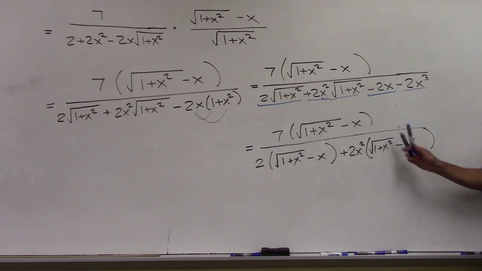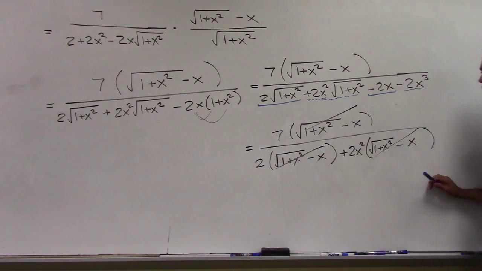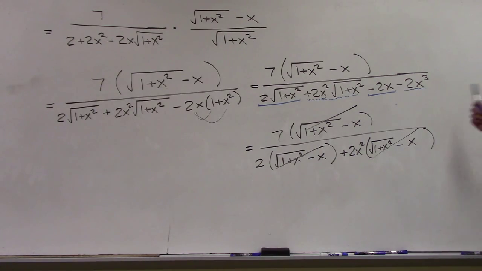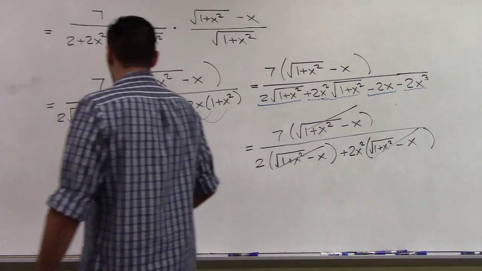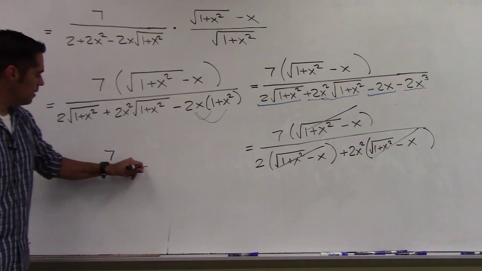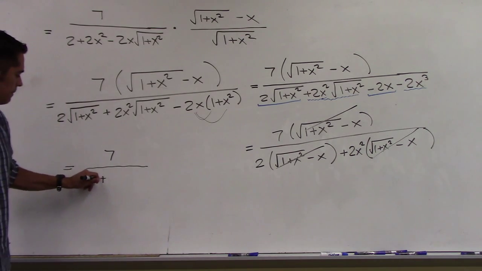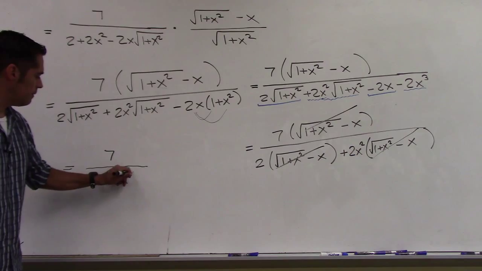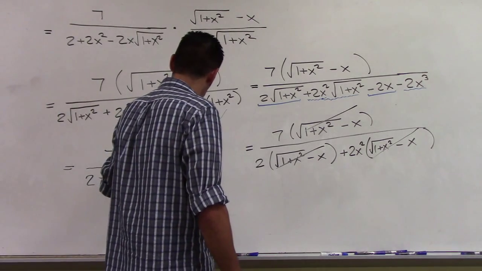And since they all contain the same thing in parentheses, I can cancel it. Here, here, and here. They all had to contain it, though. That's why I had to wait that long to cancel. And so the final result is a 7 over 2 plus 2x squared. Or if you'd like, 7 over 2 times 1 plus x squared.